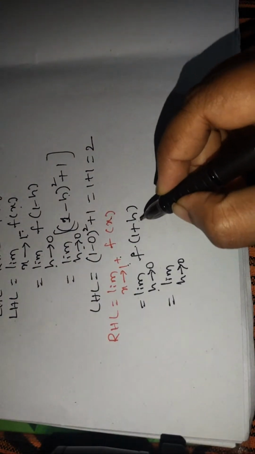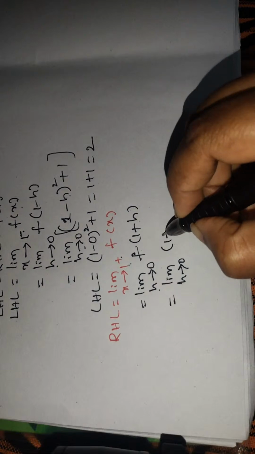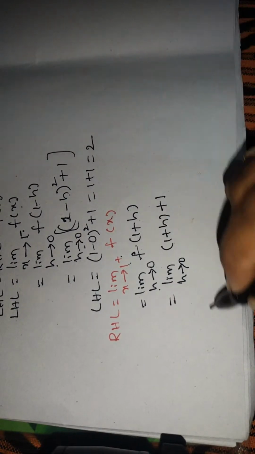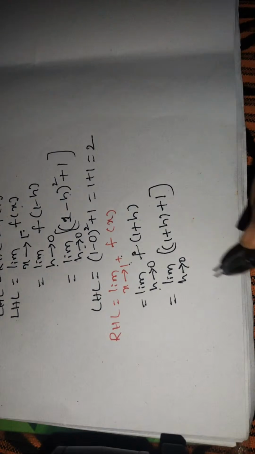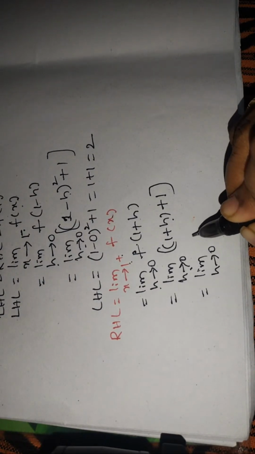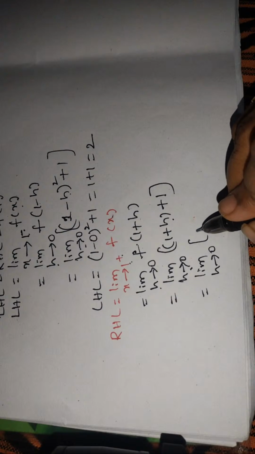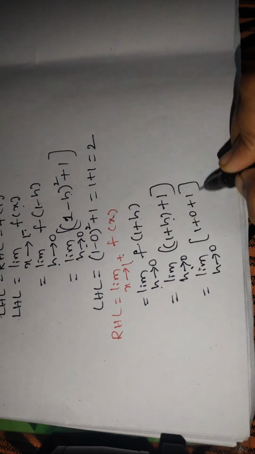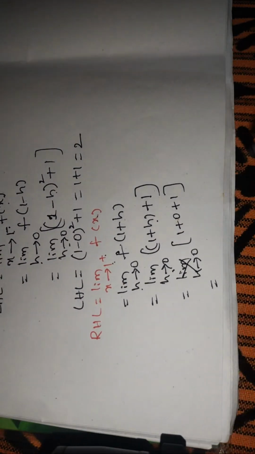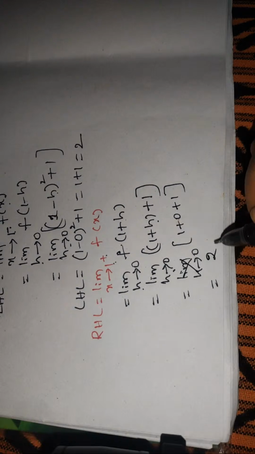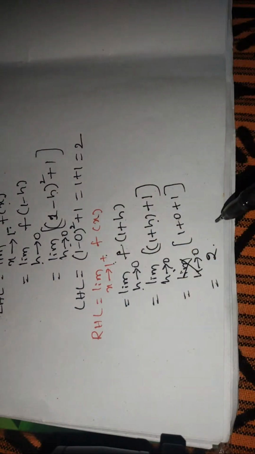What is x here? 1 plus h. So 1 plus h plus 1. Now substituting h as 0, we get 1 plus 0 plus 1, then remove the limit. 1 plus 1 is 2. LHL is 2, RHL is 2.